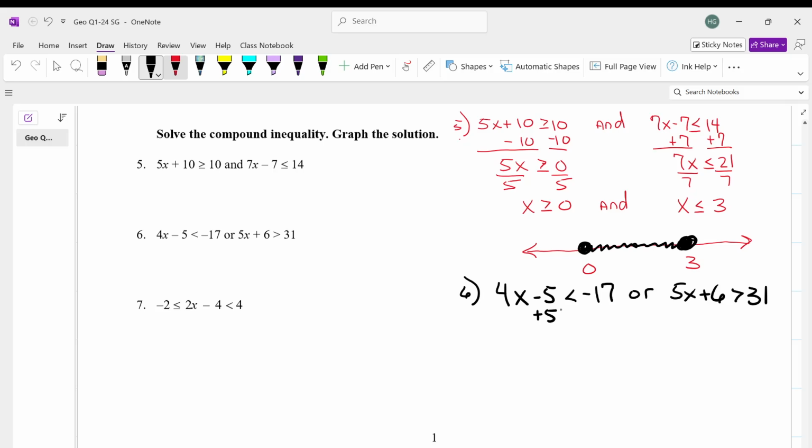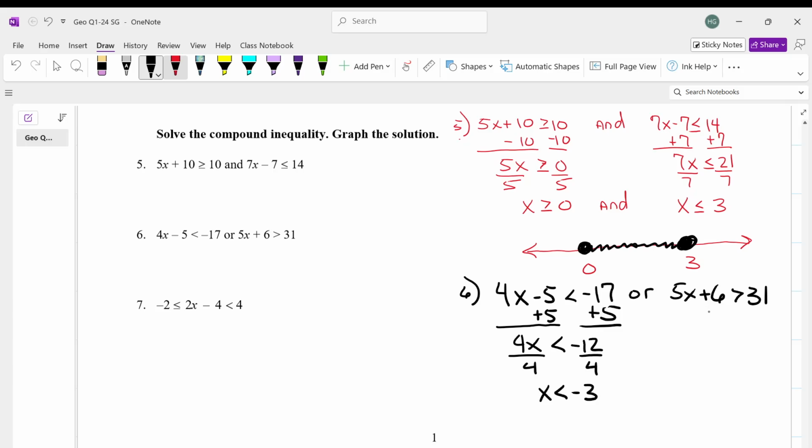So add 5 to each side. Let's see, we get a 4x that is less than negative 17 plus 5 would be negative 12. Divide by 4, and our x is less than negative 3.